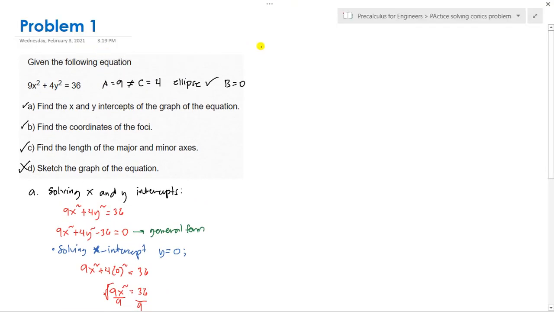Okay, the second one, for B, we are to find the coordinates of the foci, meaning the two foci. So here we have the equation of our ellipse.